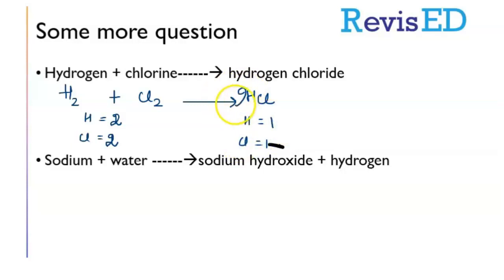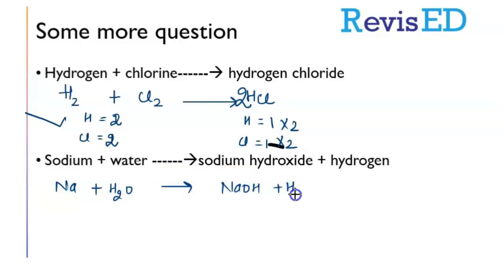Simply multiply it by 2. Just multiply it by 2. It is balanced, right?